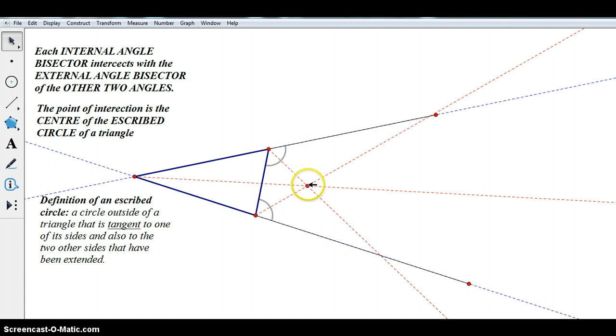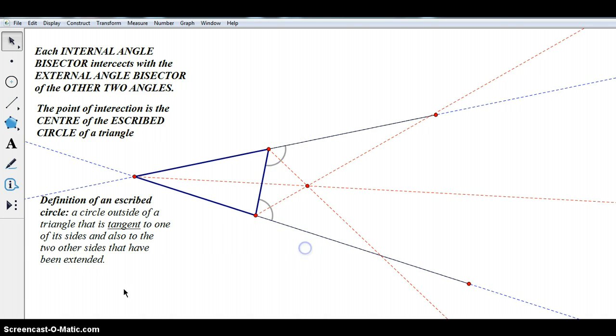We also know that this point is on this angle bisector, so it must be equidistant from this side and this side. And similarly, it's also on this angle bisector, so it must be equidistant from those two sides. So just with that very simple logic, we can safely say that the perpendicular distance of this point to each of these three sides should be equal.